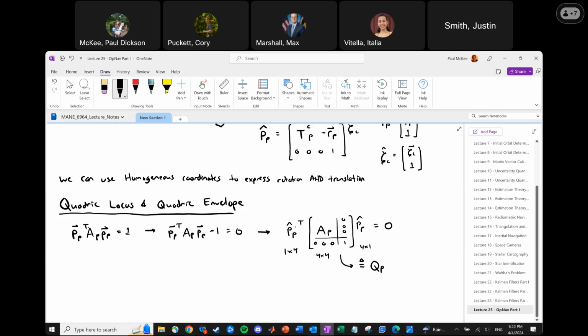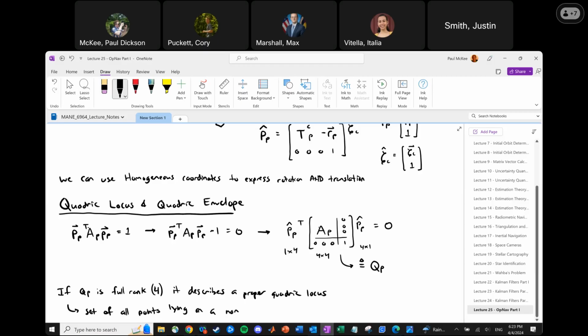If Q_P is full rank, or rank 4, it describes a proper quadric locus. Okay, what the heck is that? A proper quadric locus is the set of all points lying on a non-degenerate quadric surface.